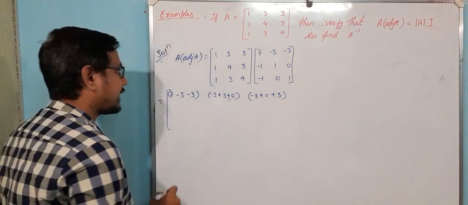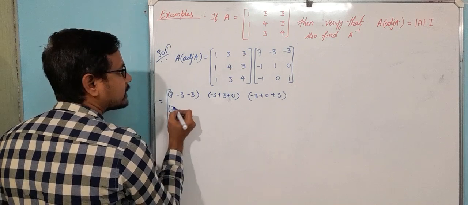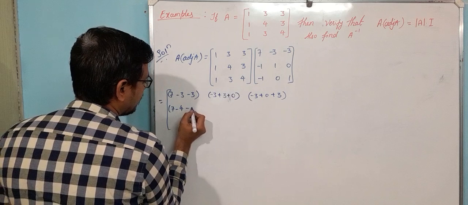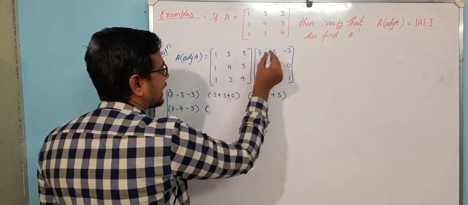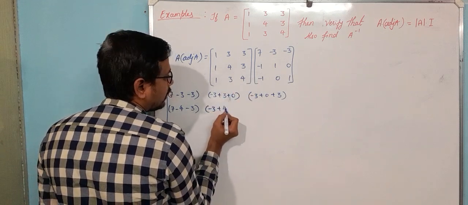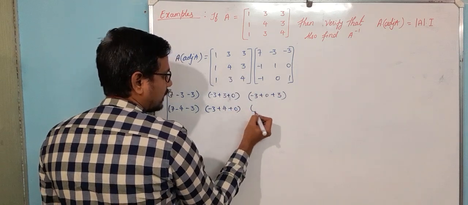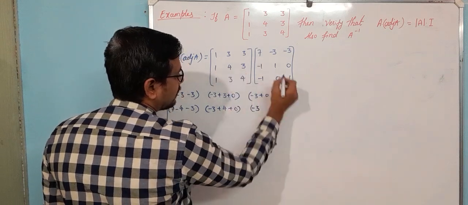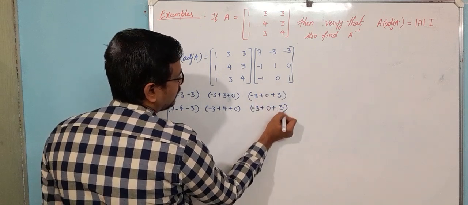Next, second row with all the columns: 1 into 7, 7, 4 into minus 1, minus 4, 3 into minus 1, minus 3. And here with the second column, 1 into minus 3, minus 3, plus 4 into 1, 4, 3 into 0, 0. And with the last column, 1 into minus 3, minus 3, plus 4 into 0, 0, plus 3 into 1, 3.